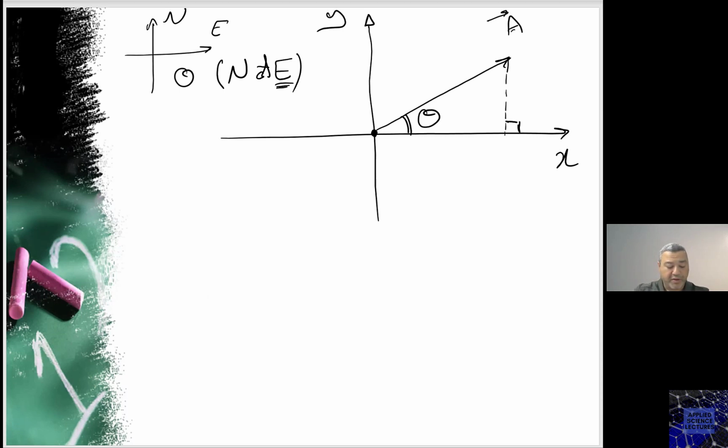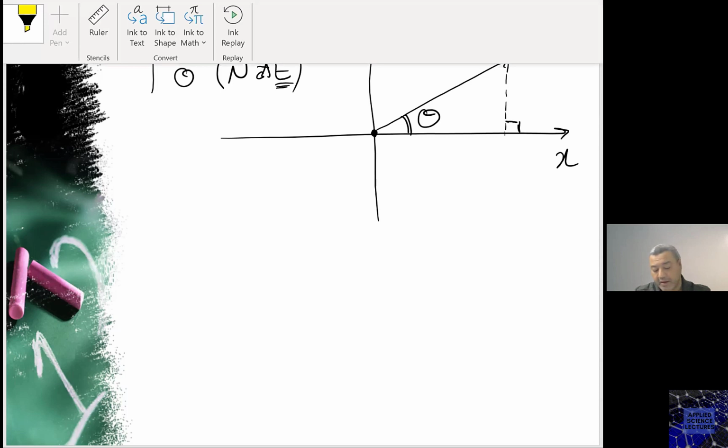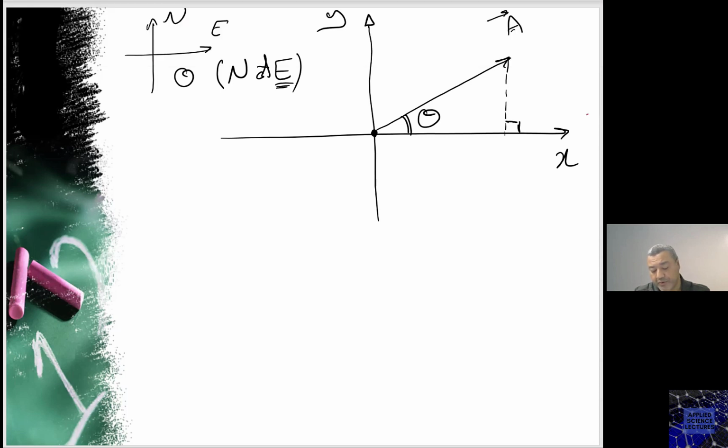Now, when I do this, I get a component right on the x-axis that I am calling the projection of the vector on the x-axis, which means this is the value of the A on the X, and that's why I'm calling it AX.